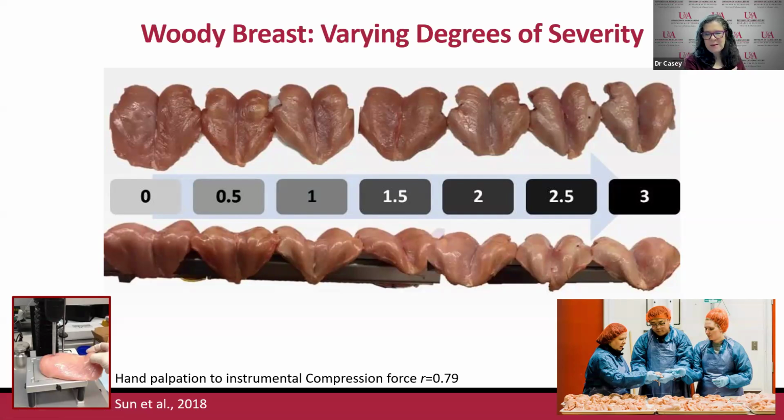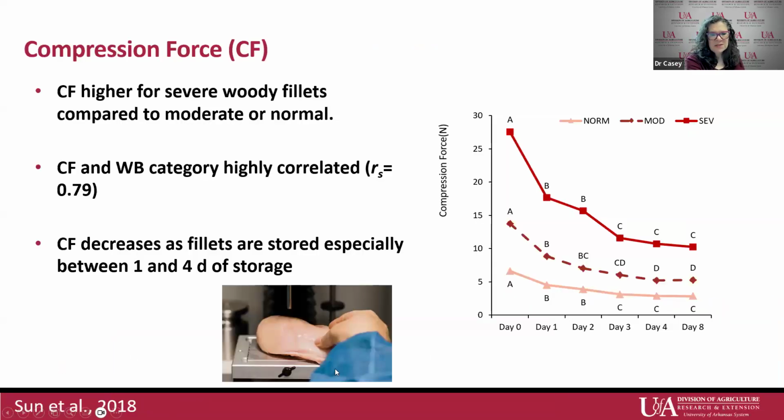We can use hand palpation to develop the scoring system, but there are instrumental means where we can compress it with a tool that has a force meter on it, and that has very good correlation to our hand palpation scores. Here's some of that data. This tool compresses the fillet about 20% in this case, and gives me a force reading.